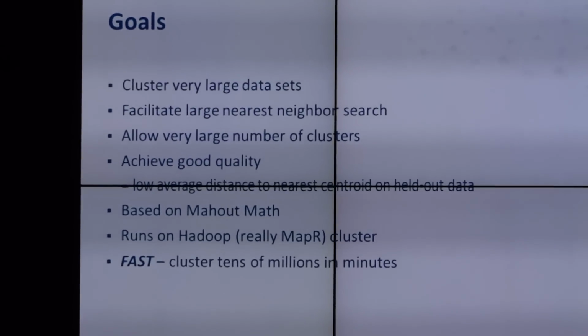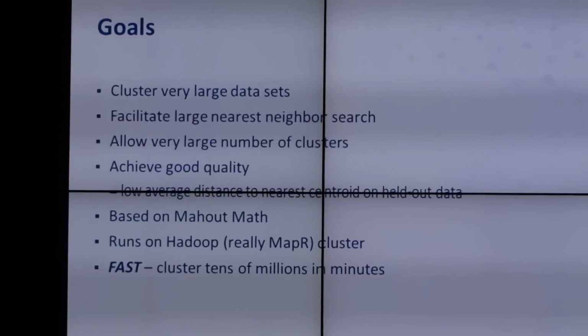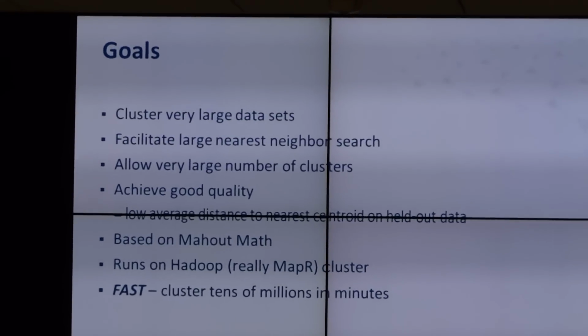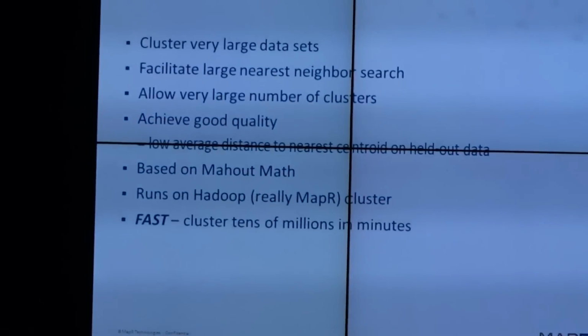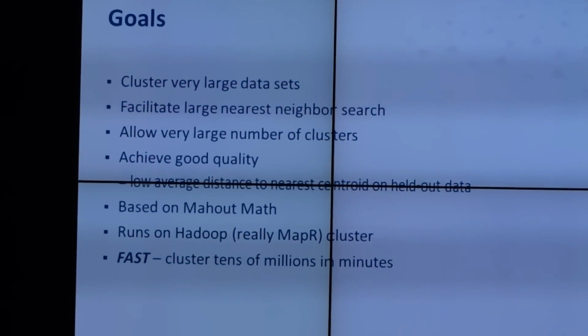So for instance, k-means clustering typically has cost proportional to the number of clusters that you use, and proportional to at least the number of data samples you have times at least log of the number of data samples, because it doesn't converge real quickly. So you have to pass through the data many times, and every step of that is linear in the number of clusters, because you have to find the nearest cluster. So we wanted to improve that scaling dramatically, and we did.